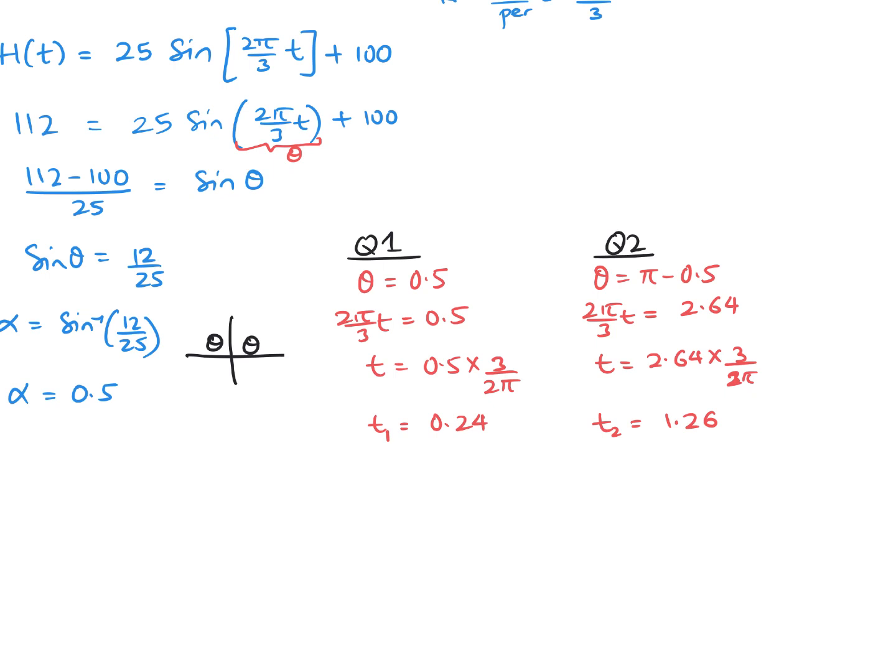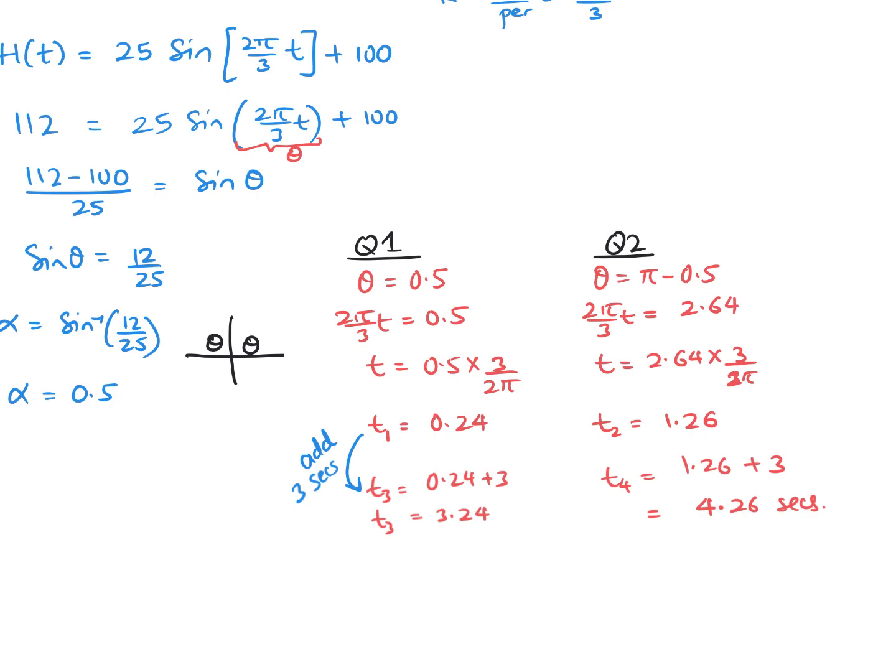So I'm going to add a period, 3 seconds. So T3 would be 0.24 plus 3, and that would be 3.24. And T4 would be 1.26 plus 3, and that would be 4.26 seconds.